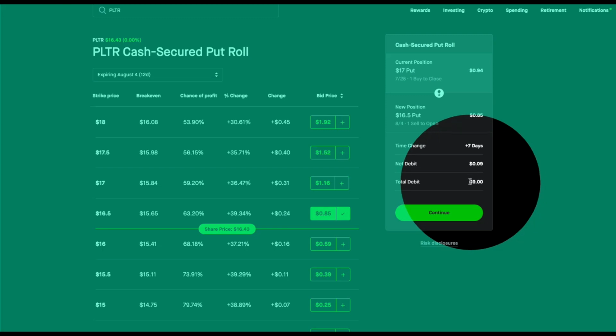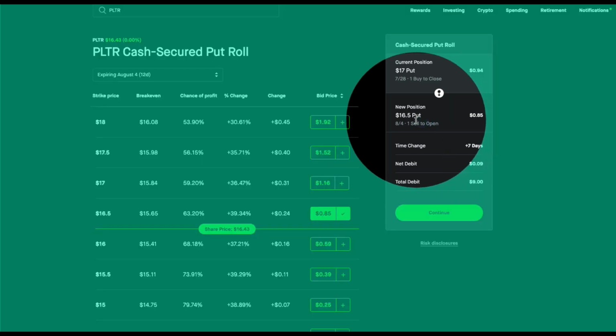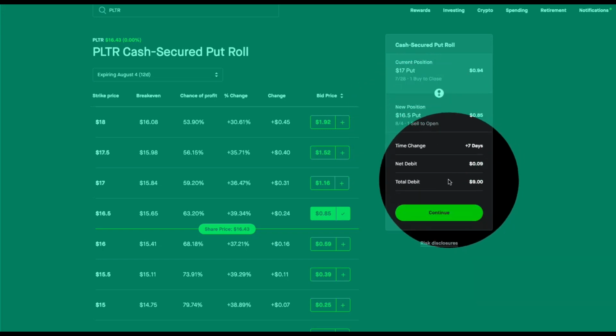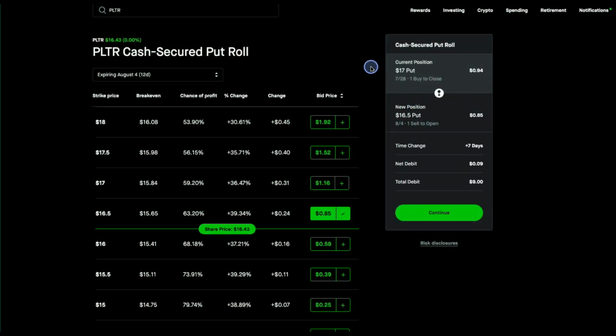But if you think there is a very high chance that Palantir will end up going below 16.5, and you do not want to own those shares of Palantir, then this is a good option, and you will have a higher chance that it might expire out of the money. In that case, you will get away with just $9 instead of the $50 or so you were losing on this position, right?